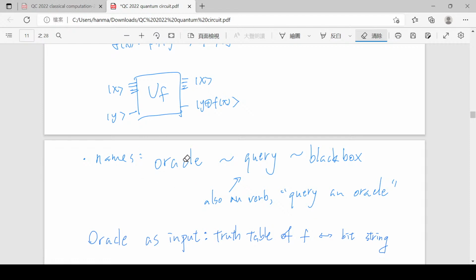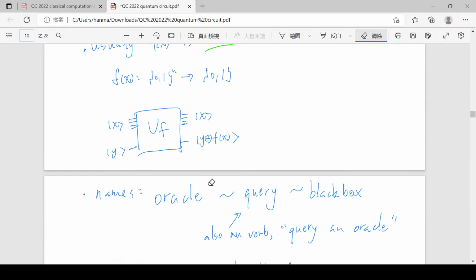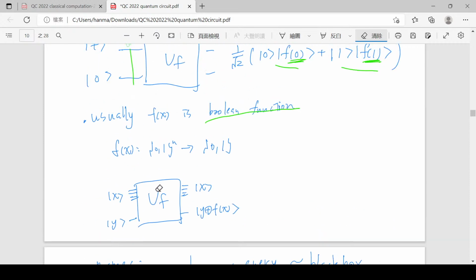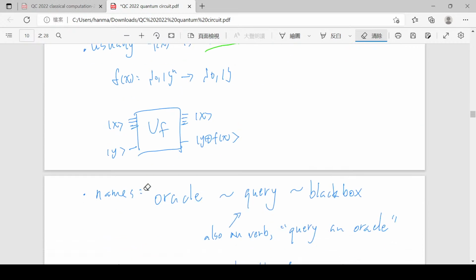It's also called an oracle because you think of it like giving an answer from God. It's something you pay to get the answer from God. An oracle is something costly. You pay to put it into your circuit, and it computes one answer for you. Query is basically a verb, but you also use it as a noun.